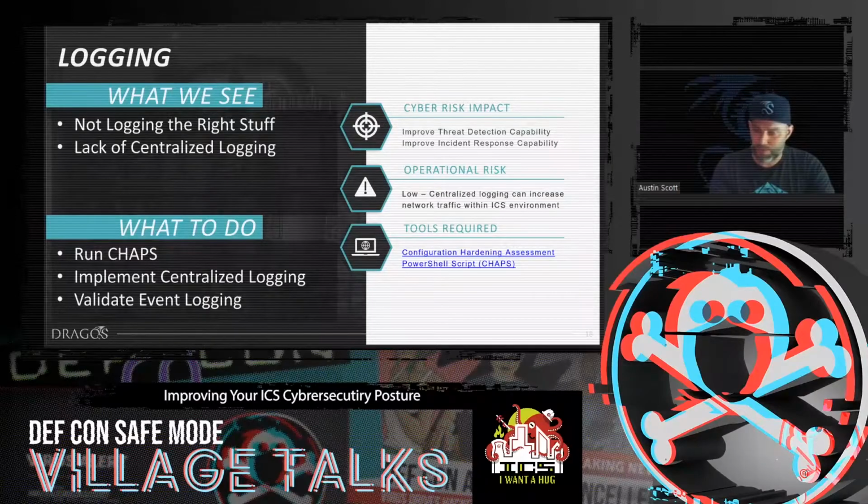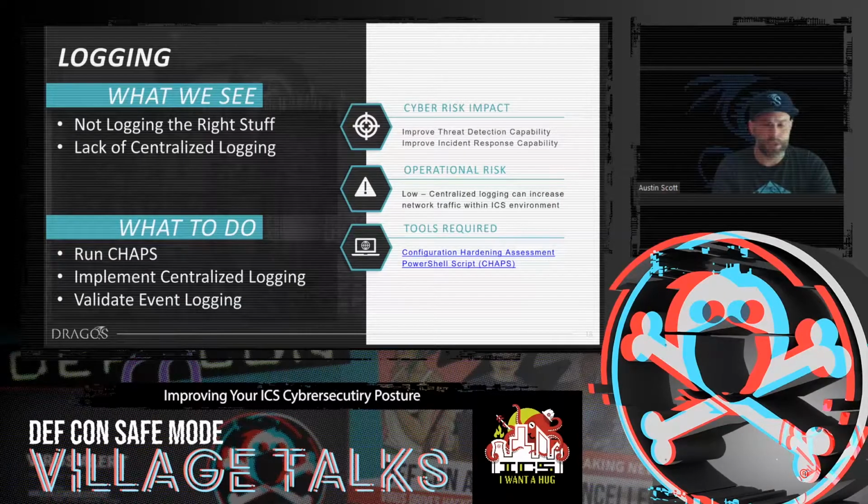And again, that CHAPS tool can help you identify some of the common logging issues that you may encounter and some of the things you'll want to turn on in your ICS environments. And really just having that centrally managed logging environment can be such a huge win. If you ever are doing an incident response, you'll be so grateful to have that centrally managed logging environment.